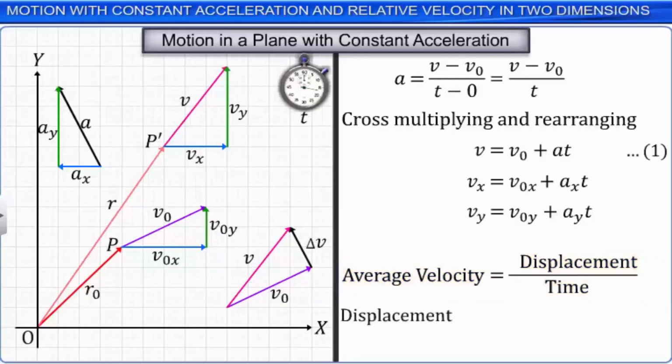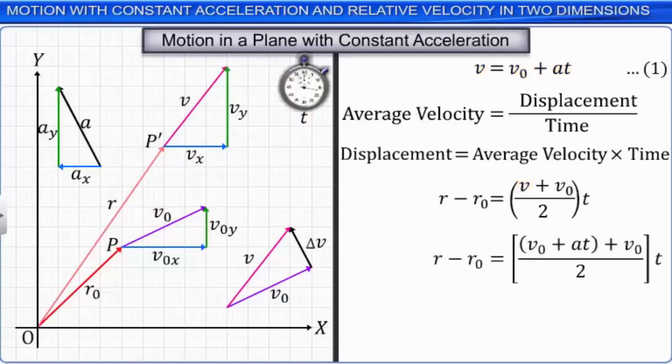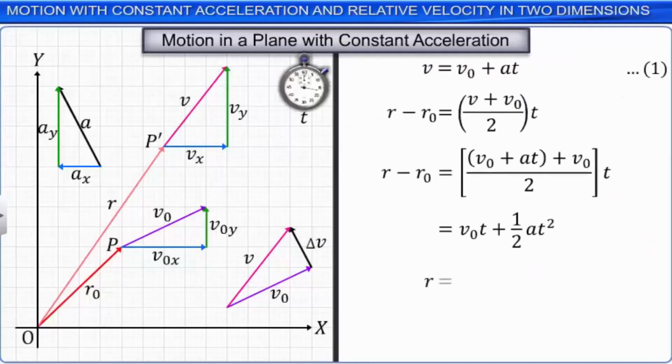Substituting the values in the expression, you get r minus r0 is equal to v plus v0 divided by 2 into t. Substituting equation 1 in this equation, you get r is equal to r0 plus v0t plus half at square, as shown here. Let this be equation 2.